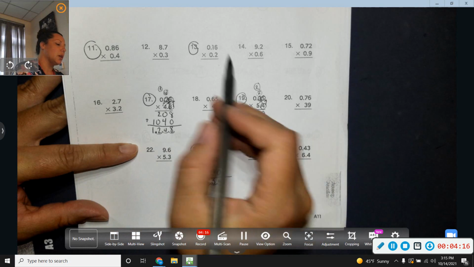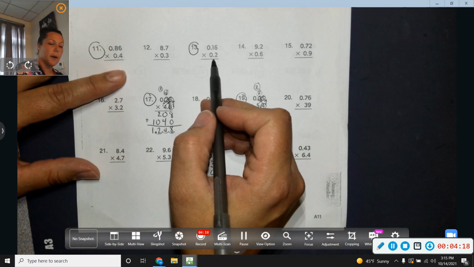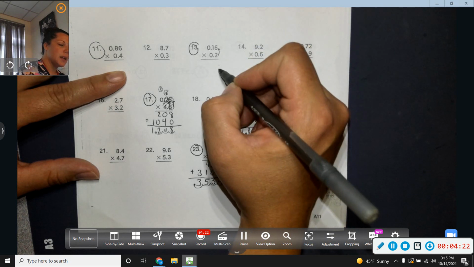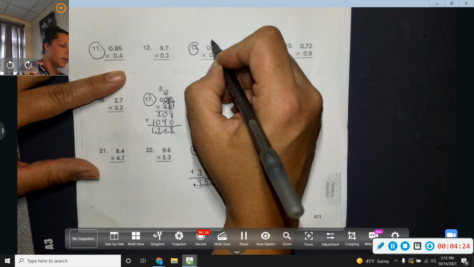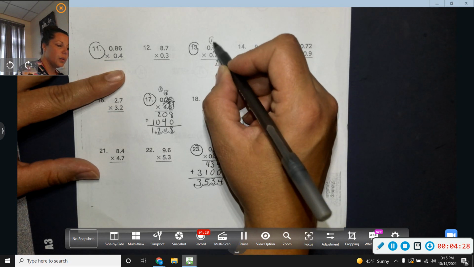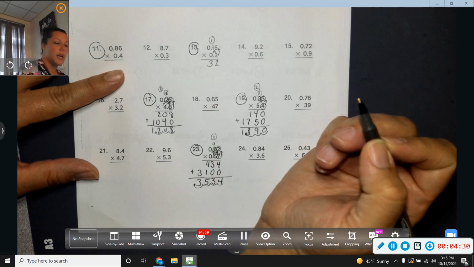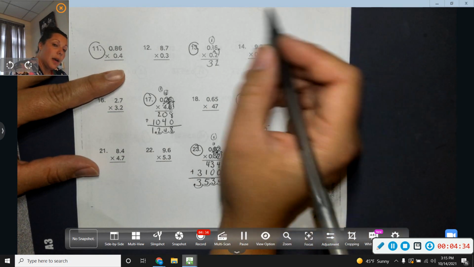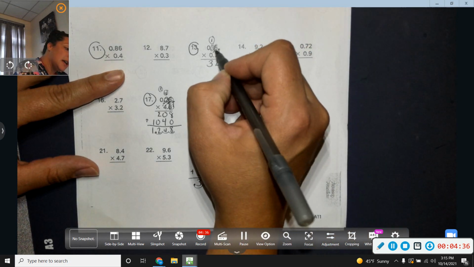I'm going to show you double digit by single digit right here. Okay? So number 13. 2 times 6 is 12. 2 times 1 is 2, plus 1 is 3. Okay? That's all my multiplying, but now I need to place my decimal.